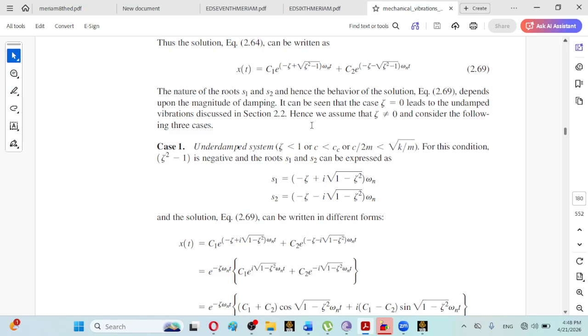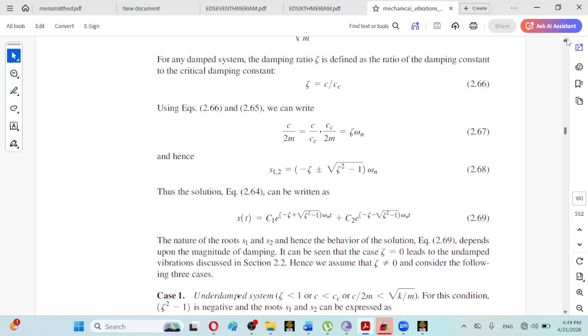So we will be writing it as 1 minus damping factor square, and the square root of minus 1 will be transformed into iota simply. In the underdamped case the damping factor is less than 1, for example 0.1, 0.2, 0.3 or 0.9 whatsoever. So the roots s1 and s2 here will be actually transformed.